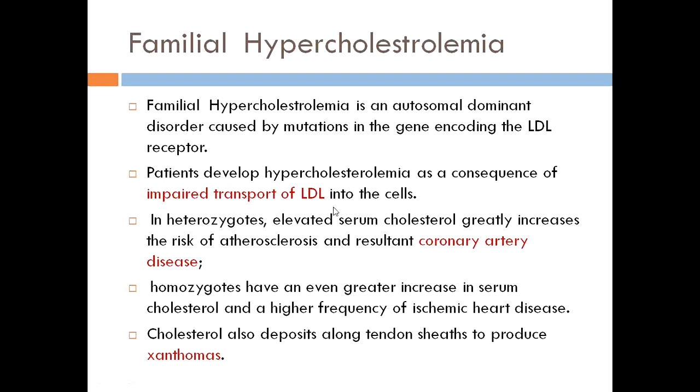In heterozygotes, elevated serum cholesterol greatly increases the risk of atherosclerosis and results in coronary artery disease. In homozygotes, they have even greater increase in serum cholesterol and a higher frequency of ischemic heart disease. Cholesterol can also deposit along tendon sheaths to produce xanthomas.